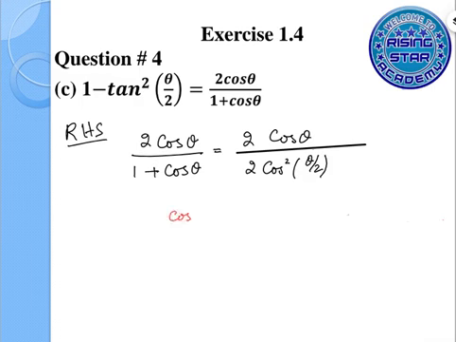Cos of 2 theta is equal to cos square of theta minus sine square of theta.